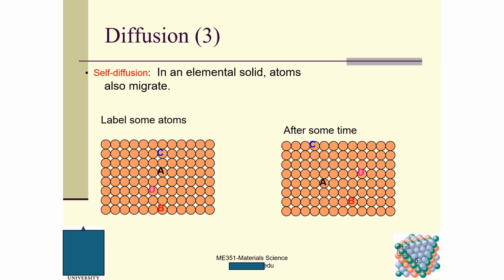That means even though we do not have other atoms, the atoms within this region also migrate, randomly.